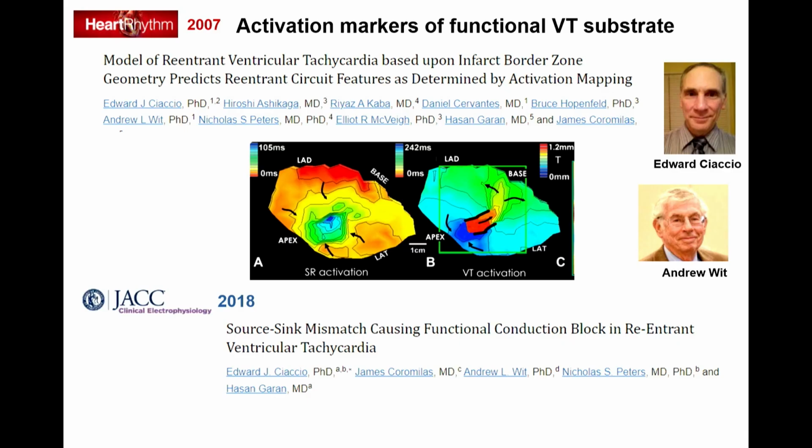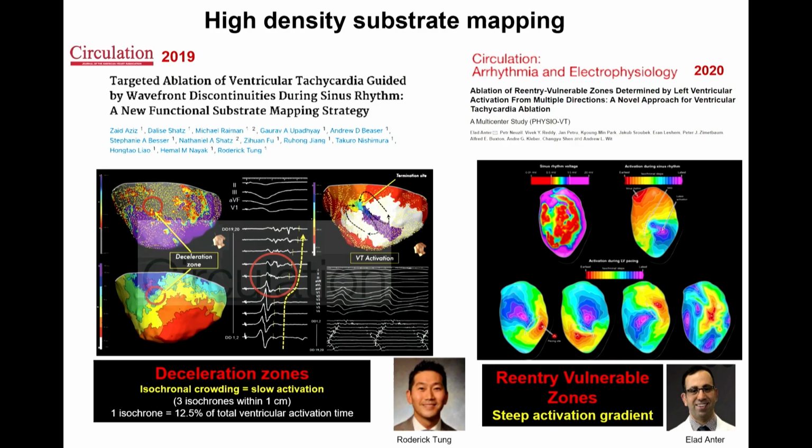A very similar approach was shown by Rod Tung as well. This is Rod Tung's work with the high-density substrate mapping to identify areas of deceleration zones, areas of isochronal clustering, a characteristic of slow conduction.